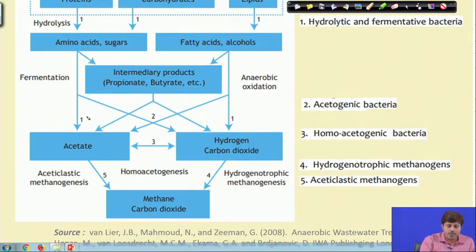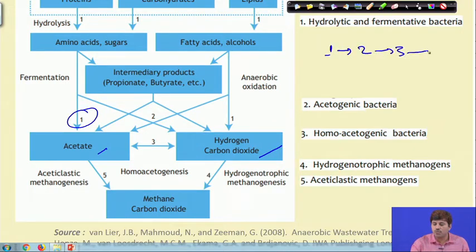Again by the action of this same hydrolytic group of bacteria, they can be converted to acetate or to hydrogen carbonate. So, it is not a uniline step where 1 goes to 2, 2 goes to 3, 3 goes to 4; there is a possibility of going directly here as well.